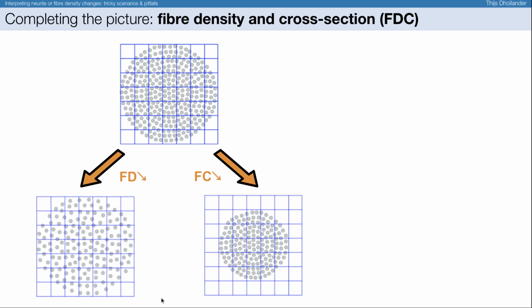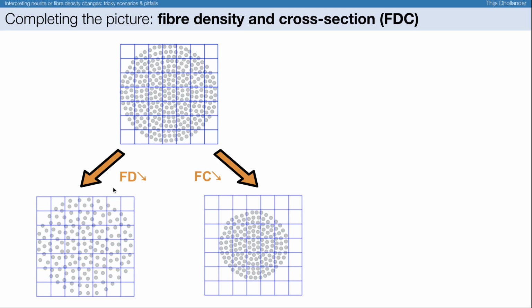So interestingly, the situation here with lower FD and the situation here with lower FC, in many ways they are similar. They end up with less axons. And actually in this example, the number of axons here and there are even the same. So in terms of how much the white matter is damaged, this is the same.